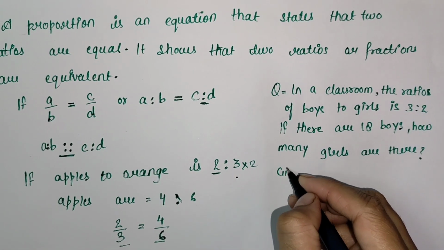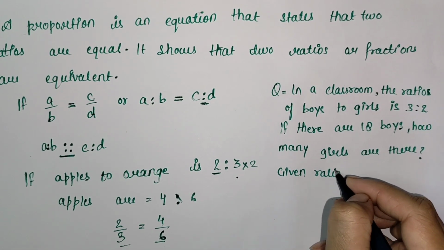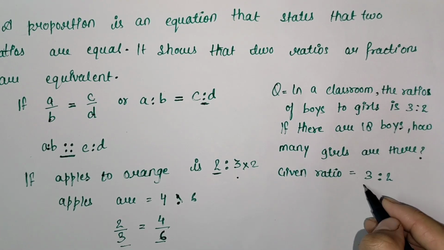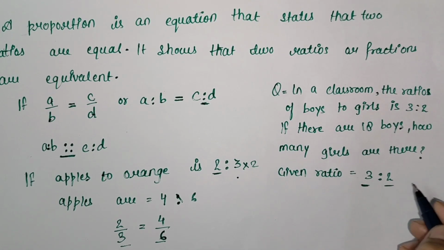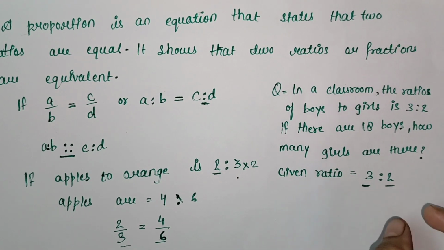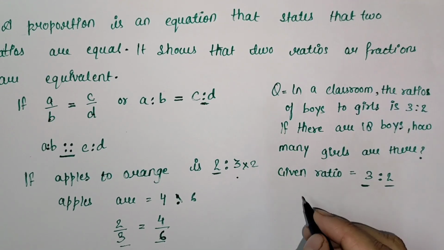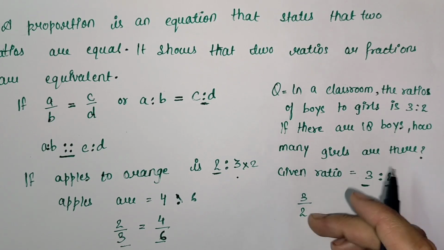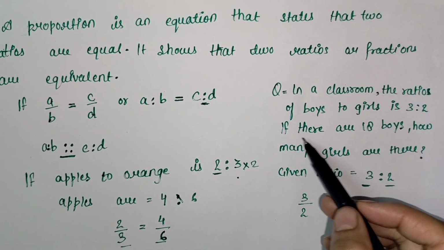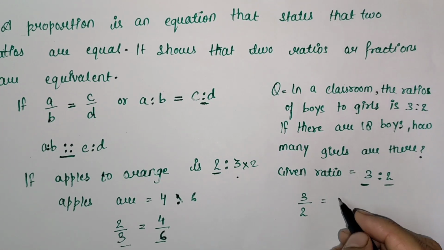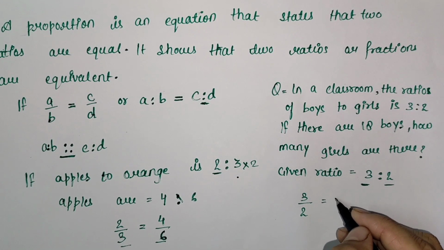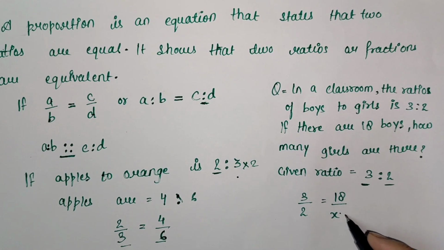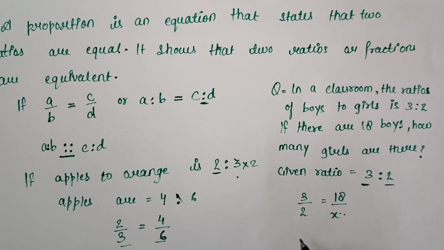Given ratio क्या है? The given ratio is 3 is to 2, where 3 is boys and 2 is girls. Using the given ratio 3 is to 2, we will write 3 by 2. And the next is, if there are 18 boys, how many girls are there? So the equation will be 18 by x. We have to find this x, and x is the girls.